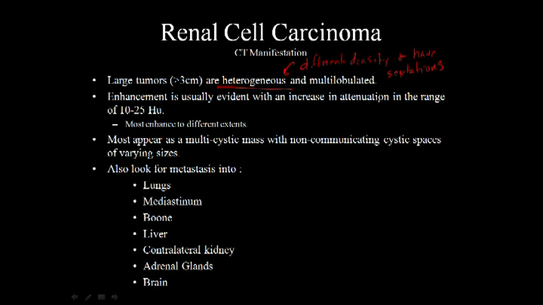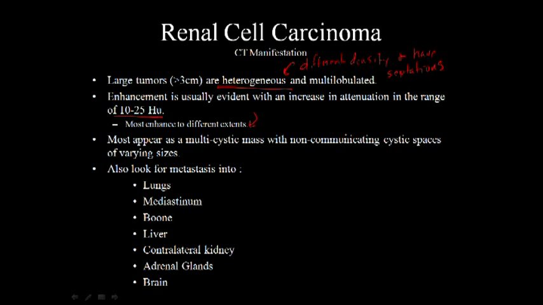Enhancement is usually evident with an increase in attenuation in the range of 10 to 25 Hounsfield units. So basically, on your non-contrast scan and your contrast scan, on your contrast scan, you're going to see the density bump up around 10 to 25 Hounsfield units. And most enhance to different extents. So you're not going to have pretty much everything enhanced the same way, but because of heterogeneous densities, you're going to see them enhanced to different extents.